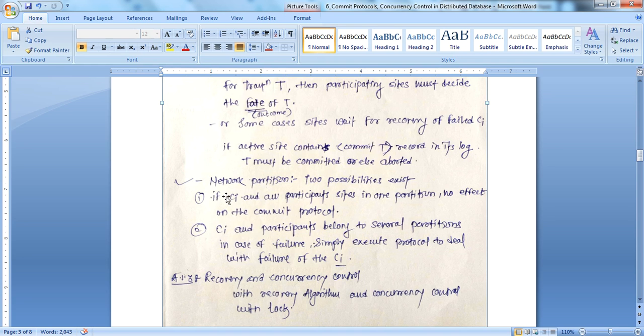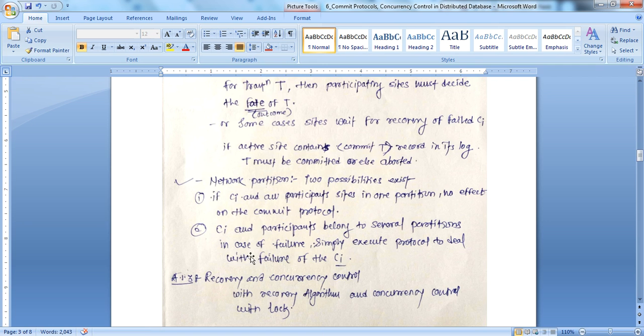Network partition, two possibilities. That one is CI and participants belonging to several partitions. In case of failure, simply execute the protocol to deal with the failure of CI. That is, the 2PC protocol runs, and they simply execute the protocol to deal with this failure of CI.